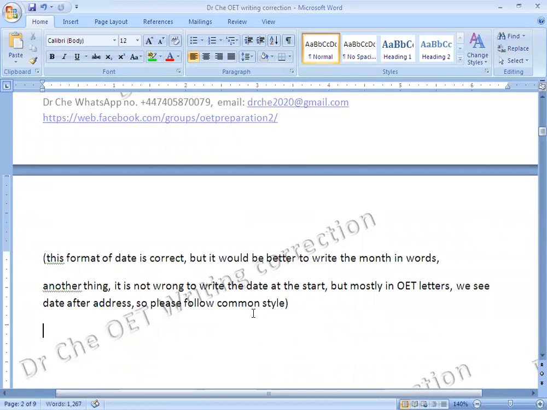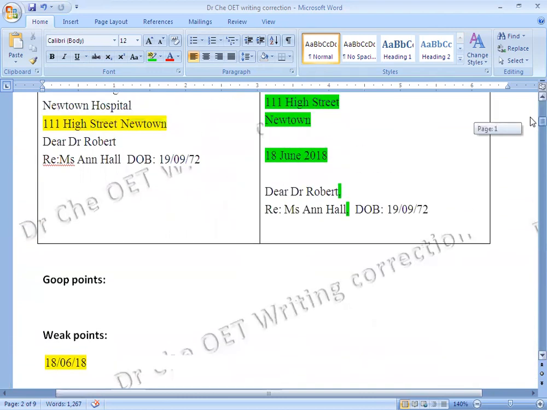The problem with OET and other English exams is that in OET we just need to communicate a clear message to another medical professional or other person. In other English exams, we need to show off our knowledge of English. But here, we need to communicate a clear message to the reader.